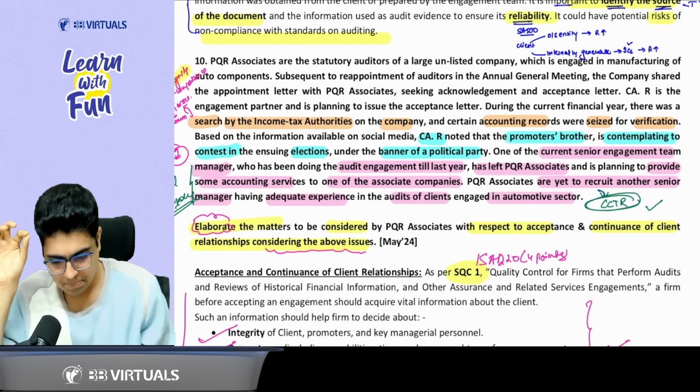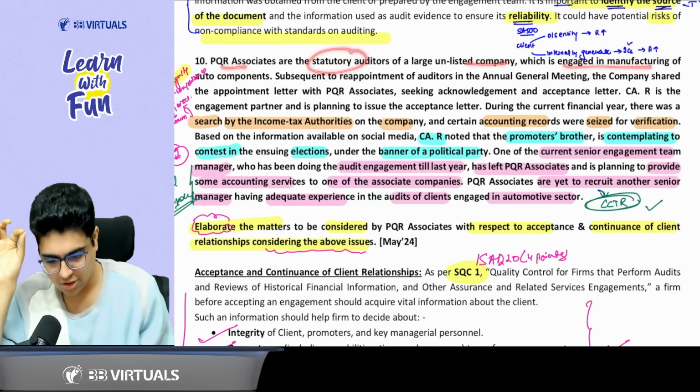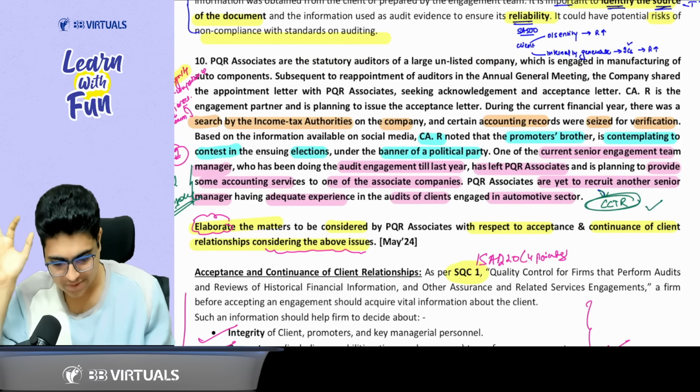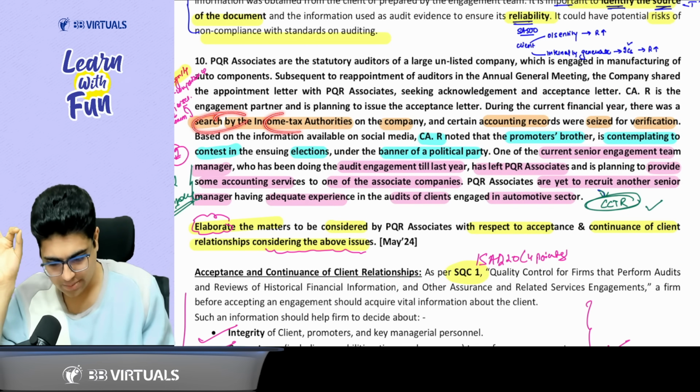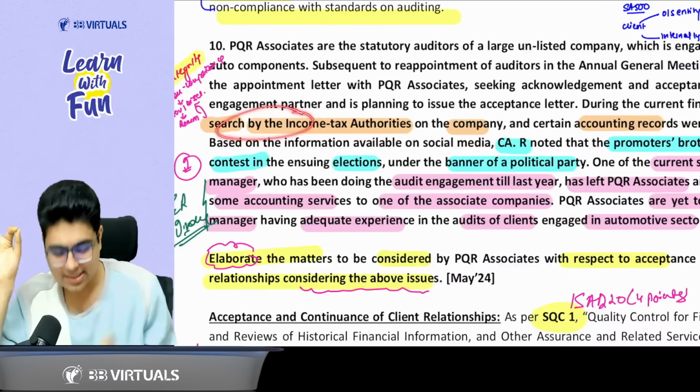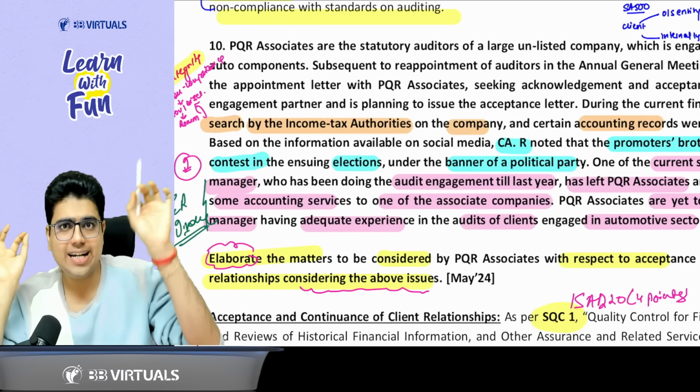It says PQR associates are the statutory auditors of a company which is engaged in the manufacturing of auto components. Useless information. Next point. Subsequent to the reappointment of auditor in the AGM, company shared the appointment letter, asked for their acknowledgement and acceptance. CAR is planning to issue the acceptance. During the current financial year, there was a search by income tax authority. Can I say when there is a search by income tax authority, there is an integrity issue?